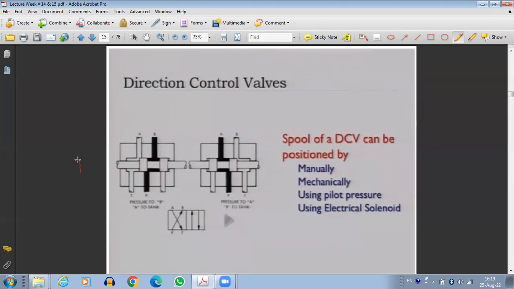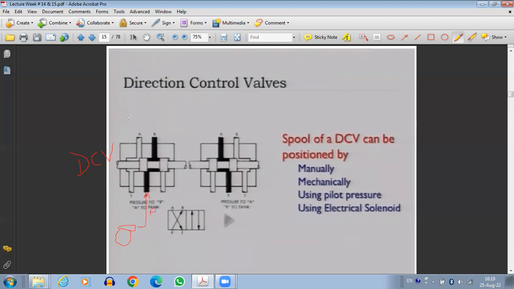Let's say this is the DCV. On one end we have the pump. The pump is going to generate the power, pressurized fluid, and that pressurized fluid is going to be provided to one of the ports. Let's say this port is P.